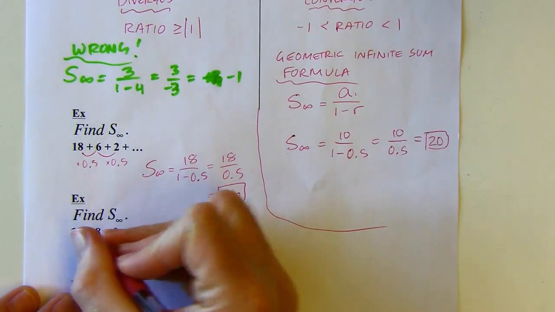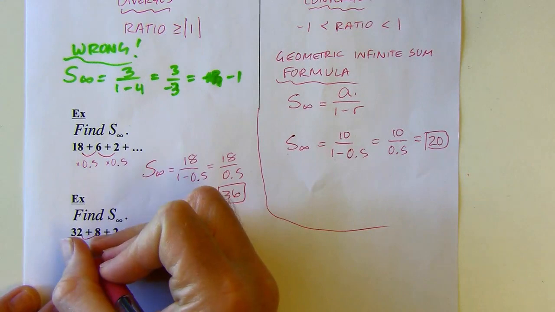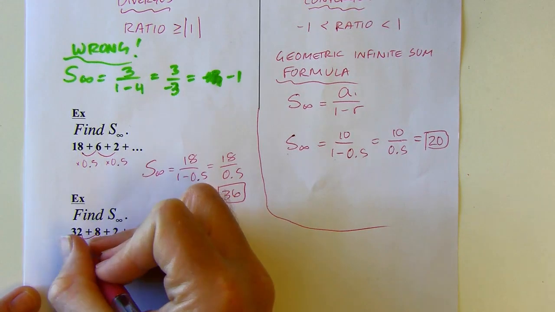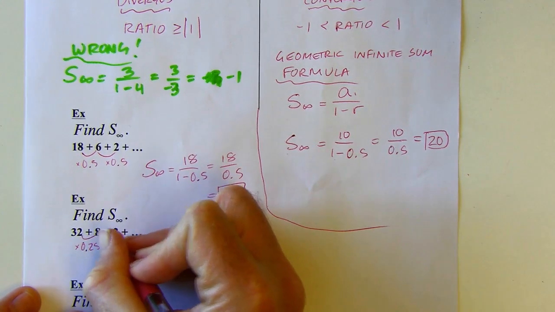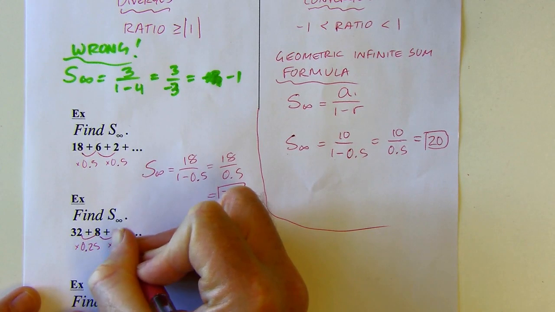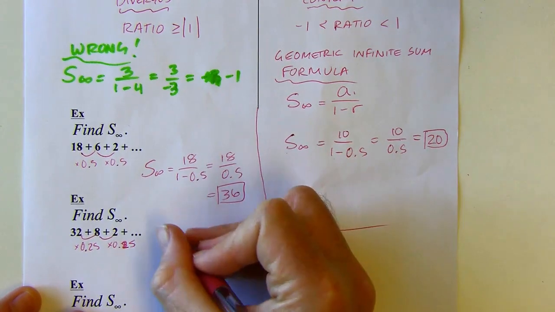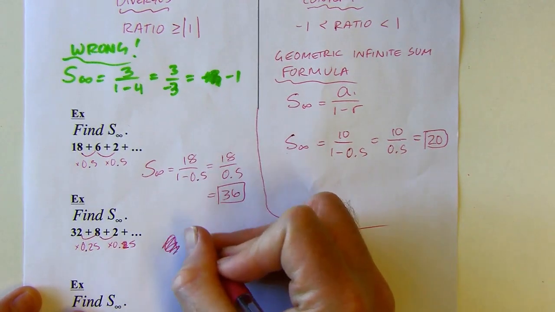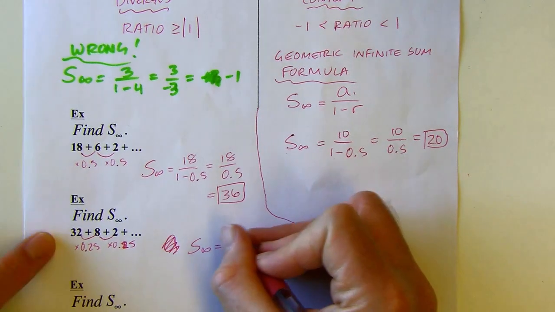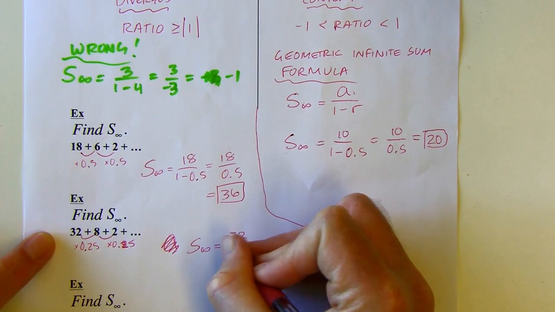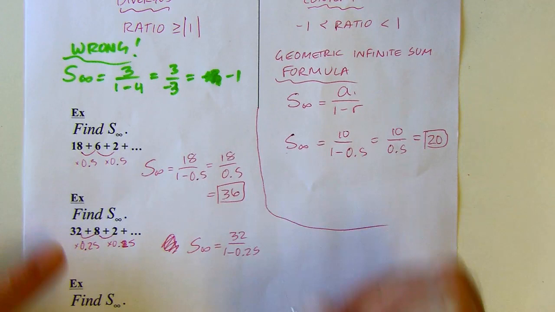I'm dividing by 4, which is the same as multiplying by 1/4, or 0.25. That's my common ratio. The infinite sum is going to be the first term, which is 32, over 1 minus the ratio.